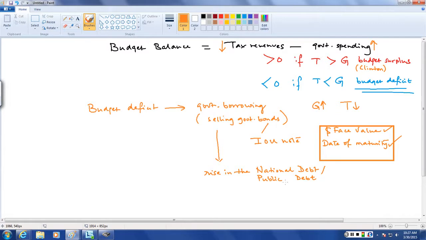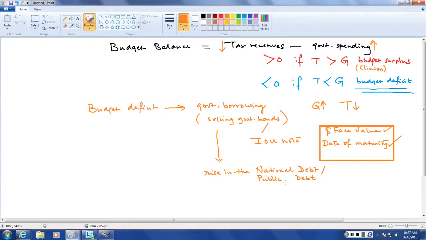Any kind of borrowing that the government does in a year is going to add to all of the existing borrowing in the past that the government has engaged in. In other words, if you use your credit card today, what will that do? Won't that raise the total amount that you owe the credit card company? Right? The total amount that you owe the credit card company is akin to the national debt.